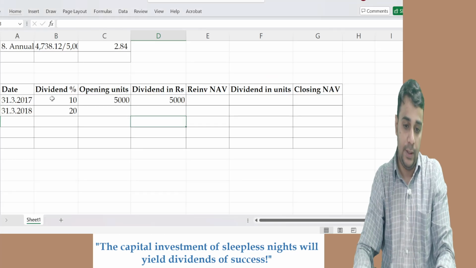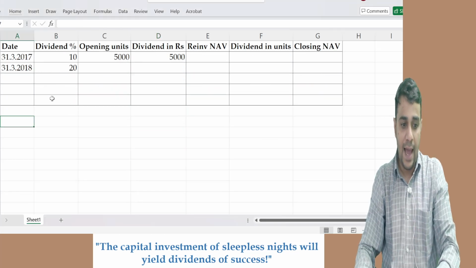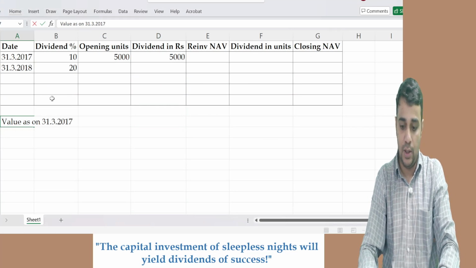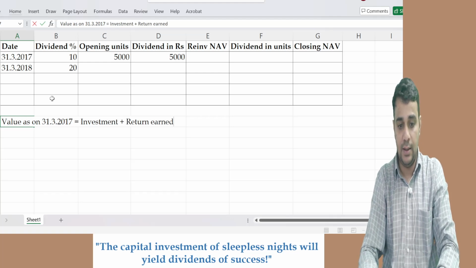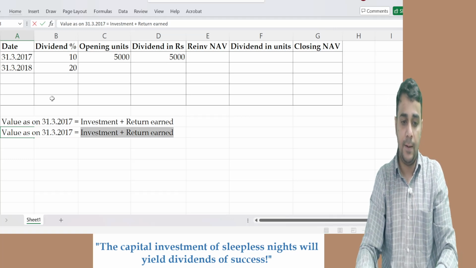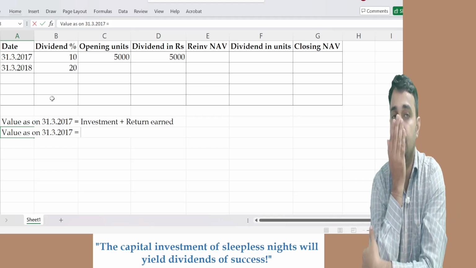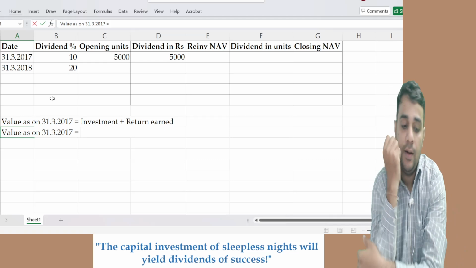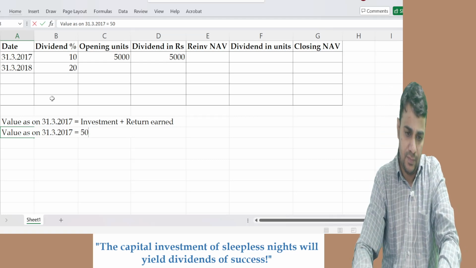Now come down below the table. Value as on 31/3/2017 is equal to investment plus return earned. What is the investment made? 50,000.